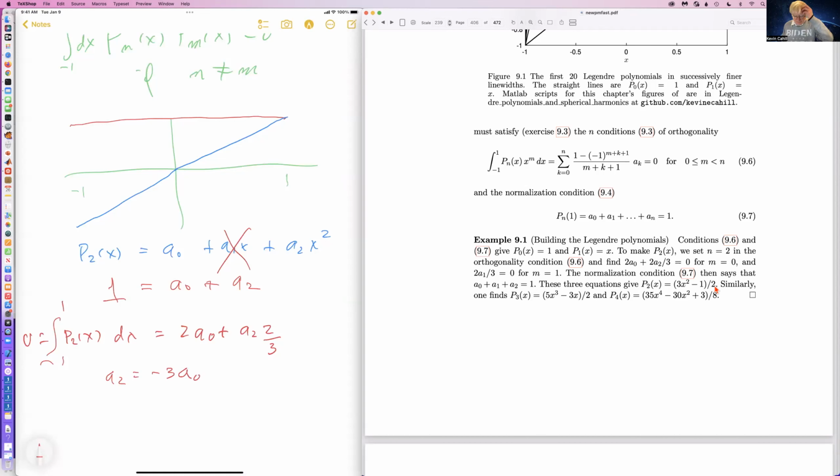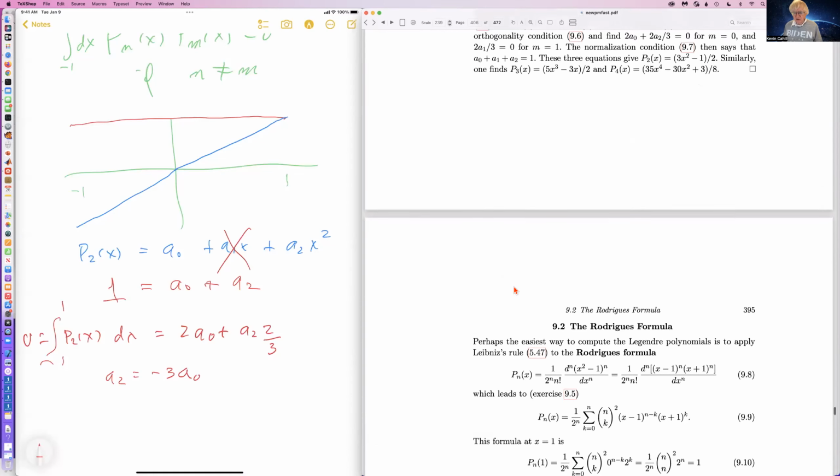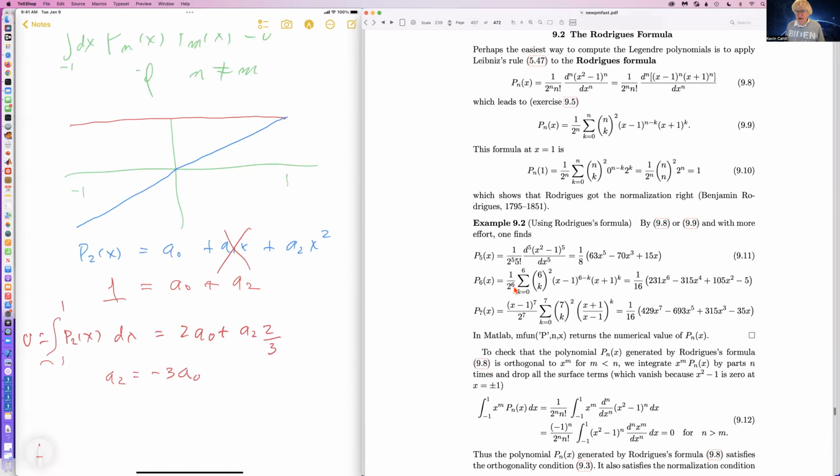Another way of looking at the normalization condition that we saw yesterday was A0 plus A1 plus A2 is equal to 1. In any event, one then finds that P2 is 3x squared minus 1 over 2, and then you can find the others that way.